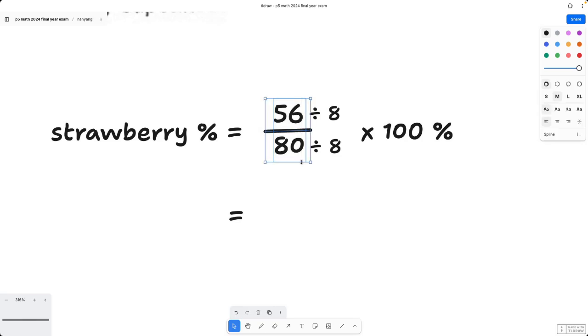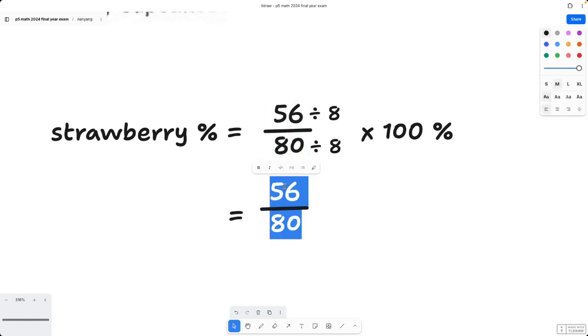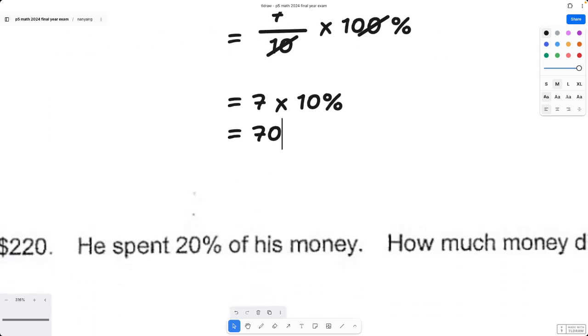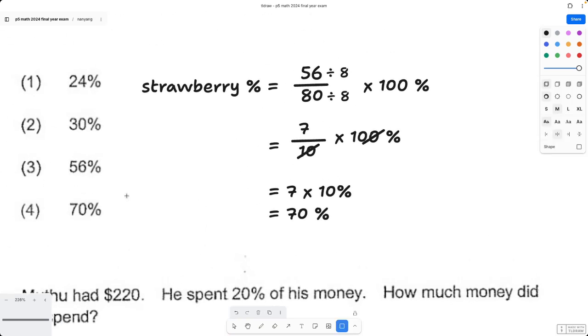Then this will become 7 out of 10. Then we multiply by 100%. So we cancel this and cancel this over here. Then this is equal to 7 times 10, which equals 70%. There you go. The answer to this is 70%, which is option number 4 over here.